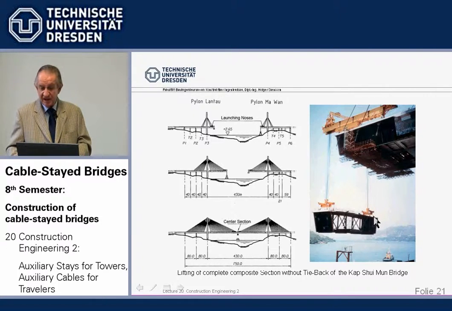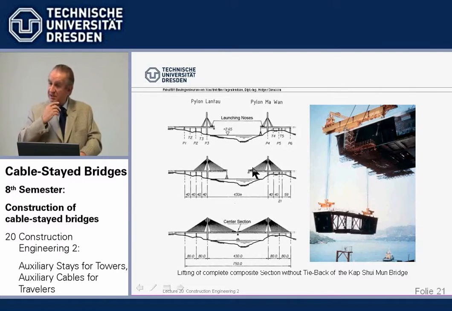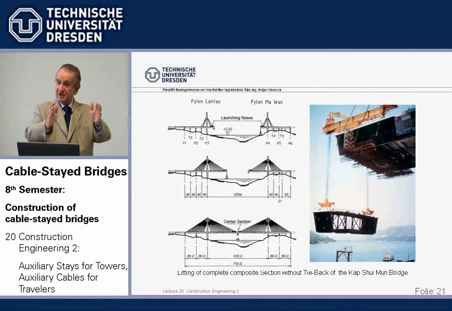We have 6 lanes of highway on top, and a rapid transit railway plus emergency lanes on the bottom. So we have a depth of something like 8 meters. On the other hand, we have rather close cable spacing of something like 6 meters. So we have 6 meter cantilevering for 8 meter depths.